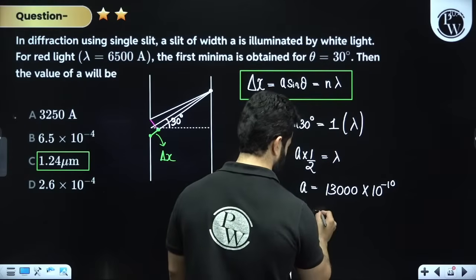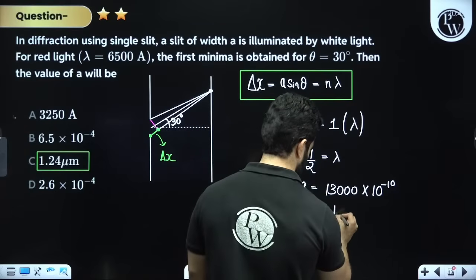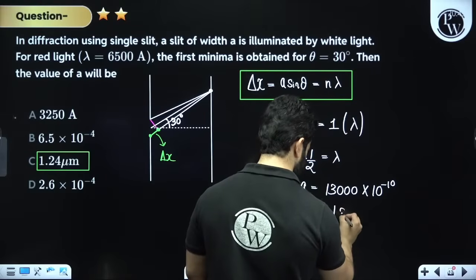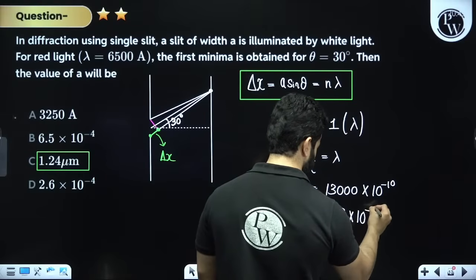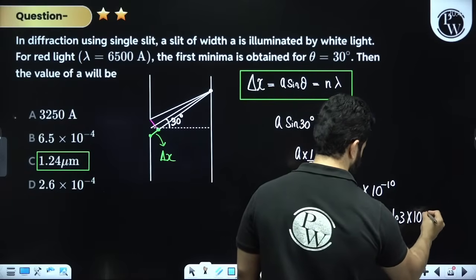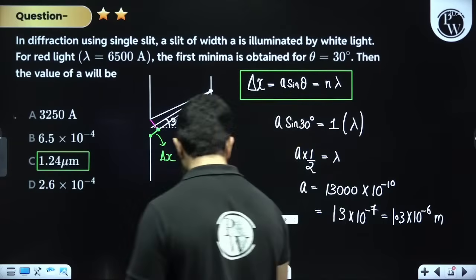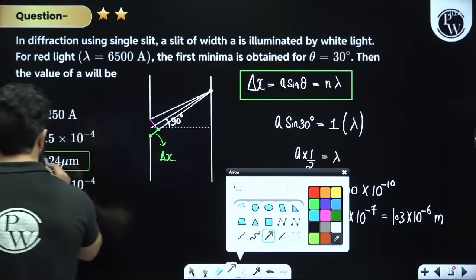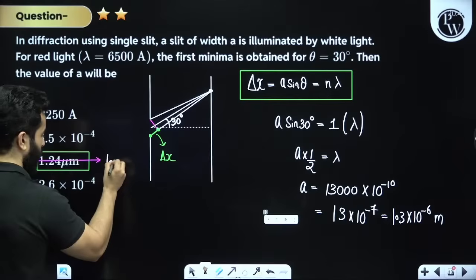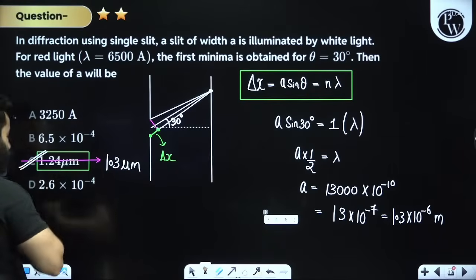So they are giving me answers in, so this will become 13 into 10 to the power minus 7, or 1.3 into 10 to the power minus 6. I am pretty sure we have not done anything wrong. This should be 1.3 micrometer. So just because this is closest, I am going to select C.